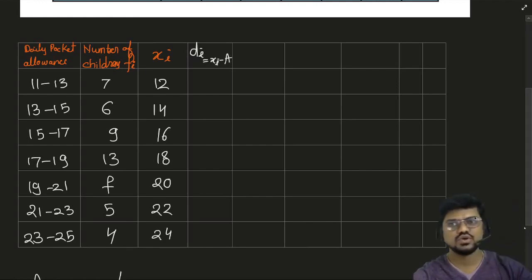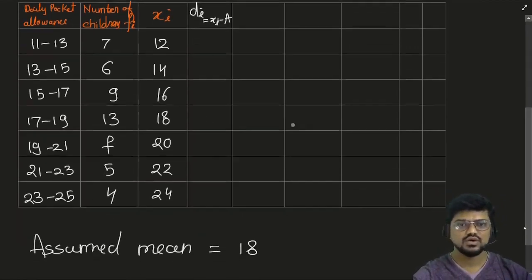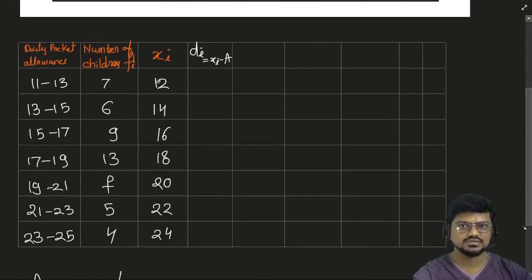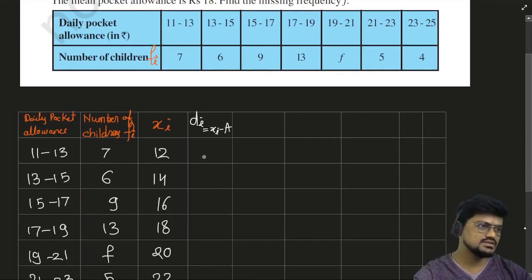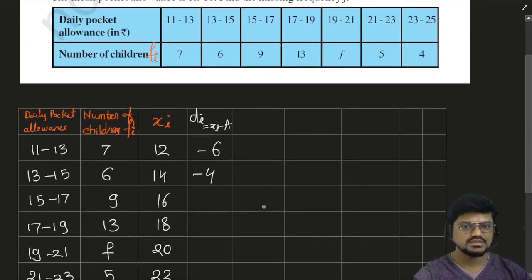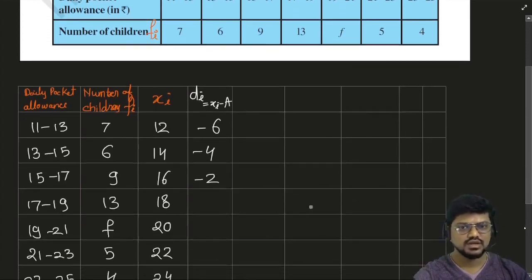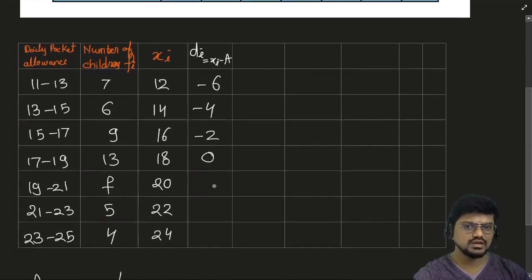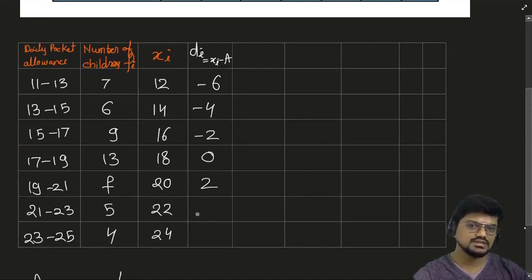So xi minus assumed mean will be 12 minus 18, that gives you minus 6. 14 minus 18 is minus 4. 16 minus 18 is minus 2. 18 minus 18 is 0. 20 minus 18 is 2. 22 minus 18 is 4. And 24 minus 18 is 6.